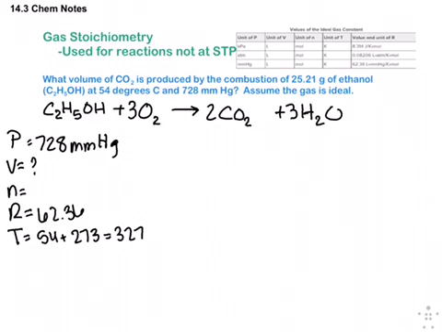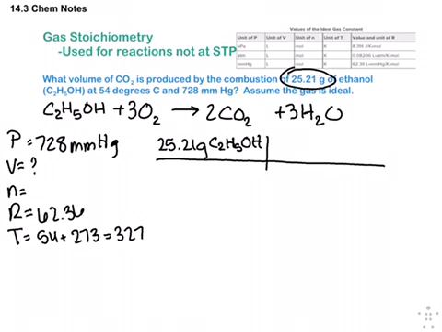Yep, so like all good stoichiometry problems, you start with what you're given, 25.21 grams of ethanol, C2H5OH, and you convert that into moles of carbon dioxide because it wants to know the volume of carbon dioxide.